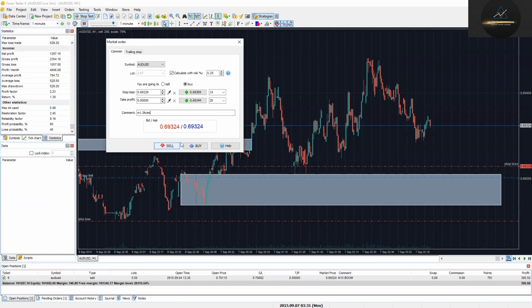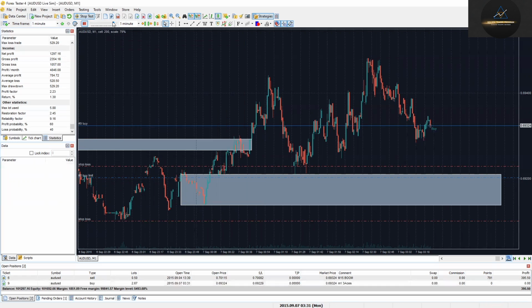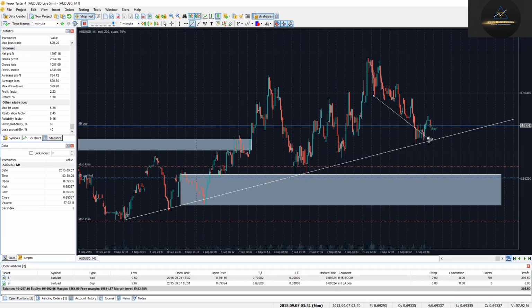Okay, let's see if you guys can see the 3 aces. You guys see that? This is what I'm trading now.